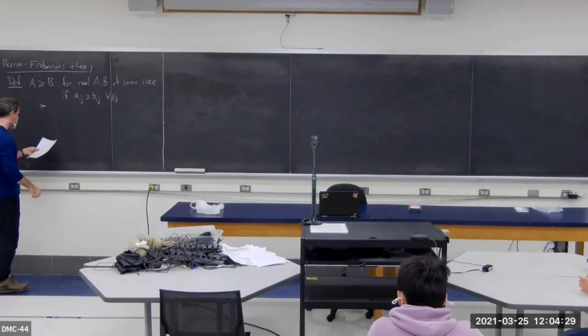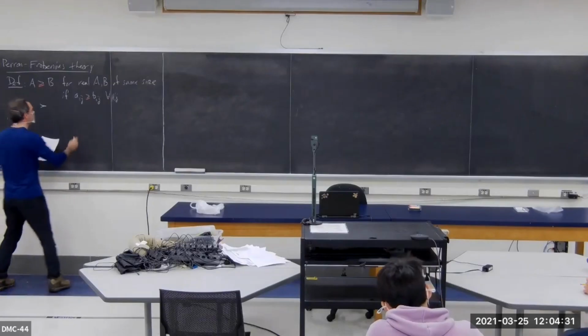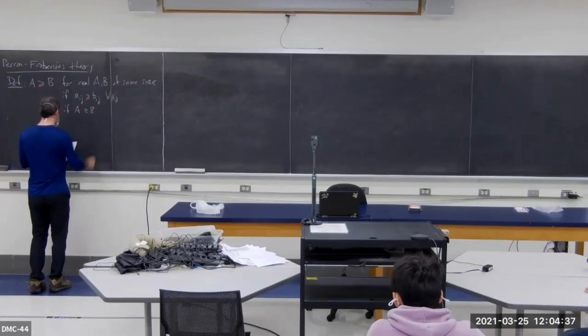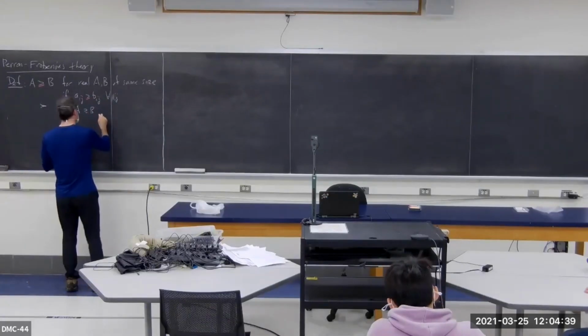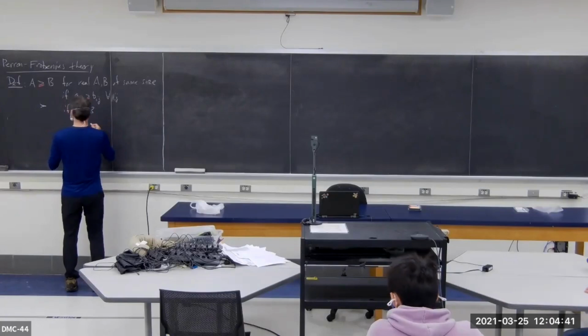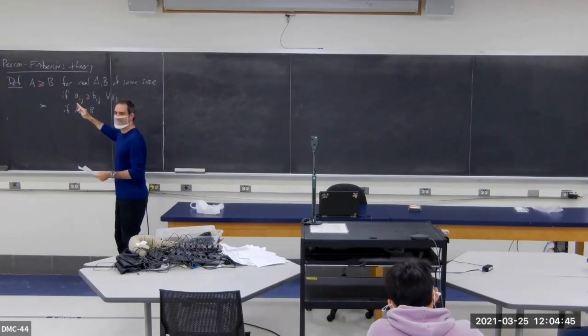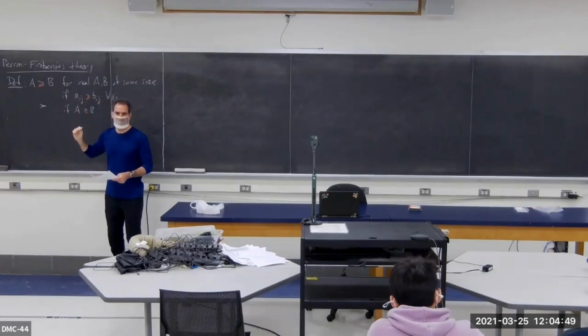And that would be if A is greater than or equal to B, and it's not equal to B. So A greater than B is not the same thing as greater than or equal to and not equal to.